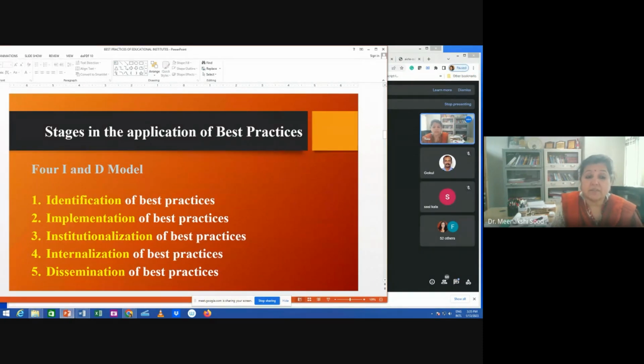Then we have implementation. Once the practices are identified, steps have to be taken to move in the direction of achieving them. That is your implementation.